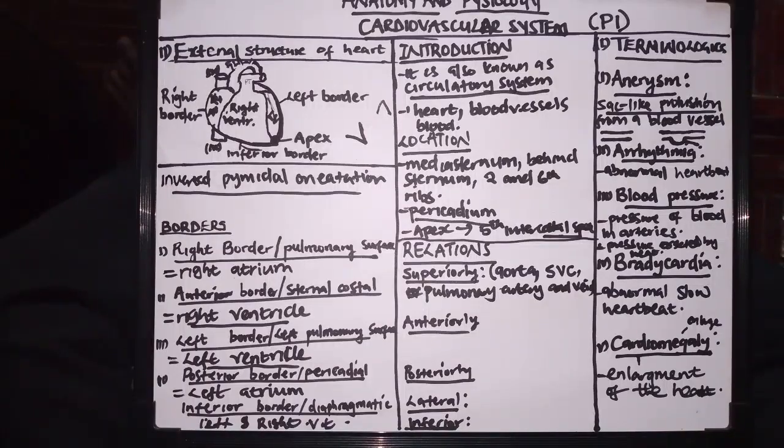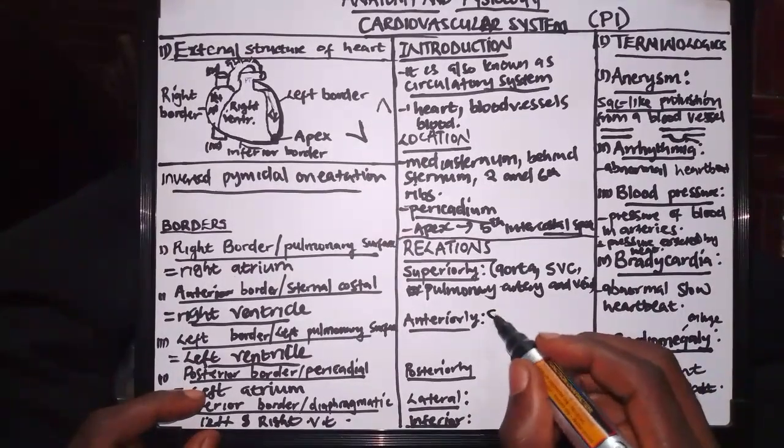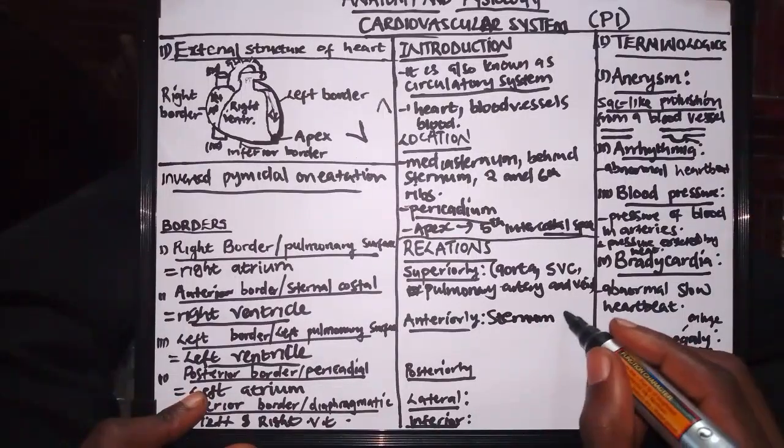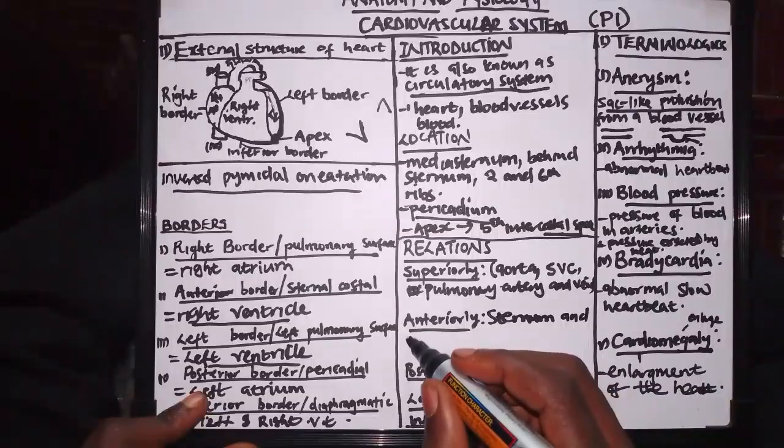Then next we are going to talk about the anterior relations. So what are the anterior relations? Anteriorly, even if you touch your chest, the first thing you touch is your sternum. And we say that the heart is between the second and sixth rib. So meaning anteriorly we have the sternum and ribs.